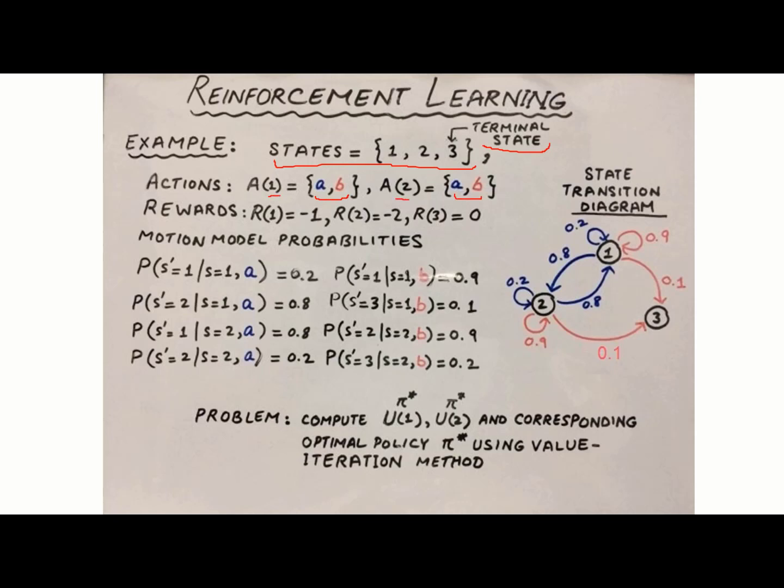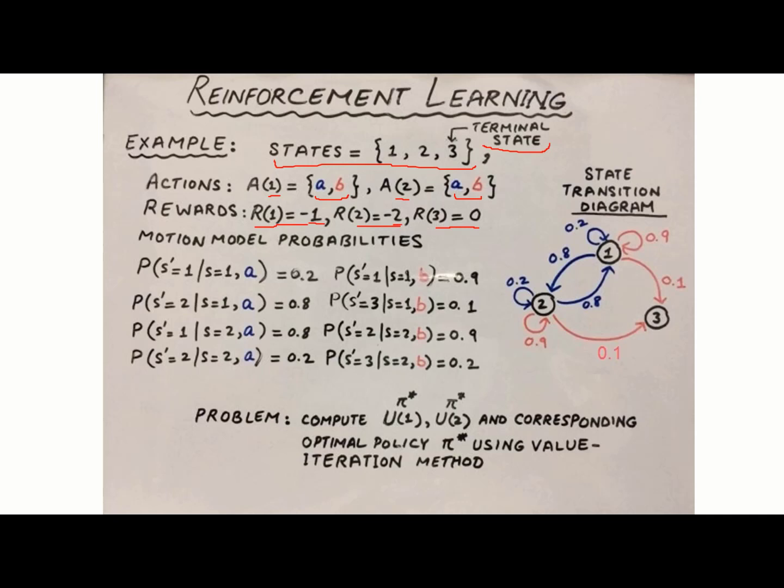Because state 3 is a terminal state, there is no action that makes sense, because that's where the game ends. The corresponding rewards are -1 and -2. So if our agent or a robot is in state 1, the reward is -1 and it is -2 in state 2. The reward of state 3 is 0.